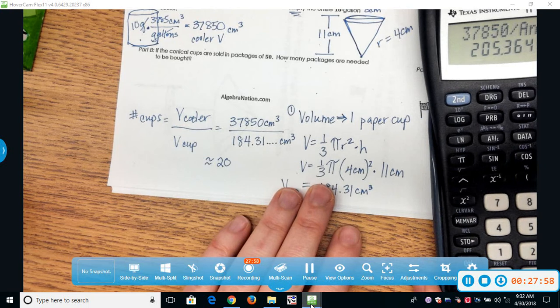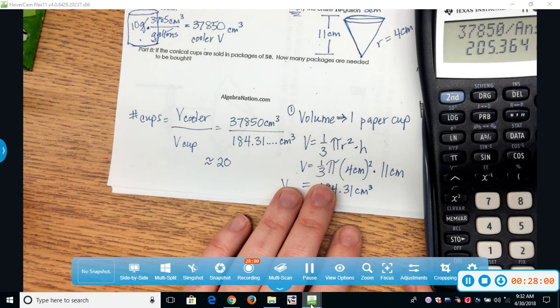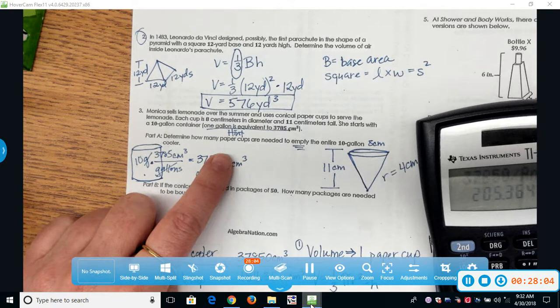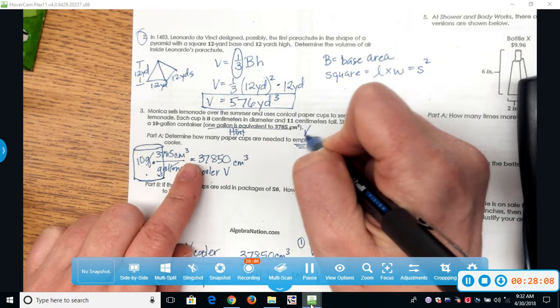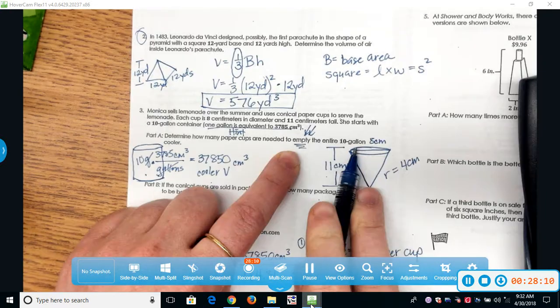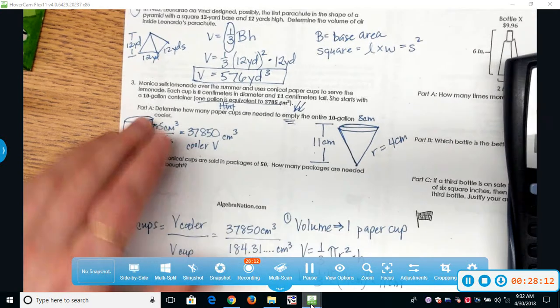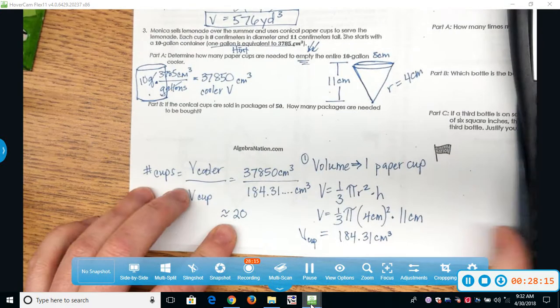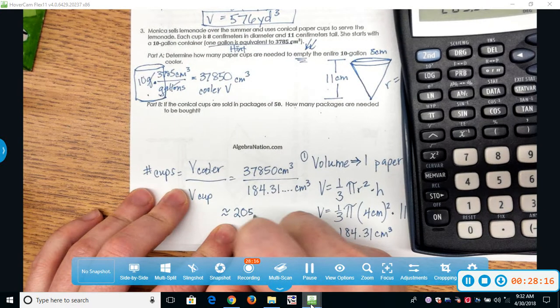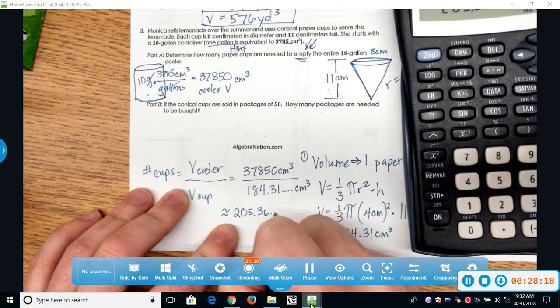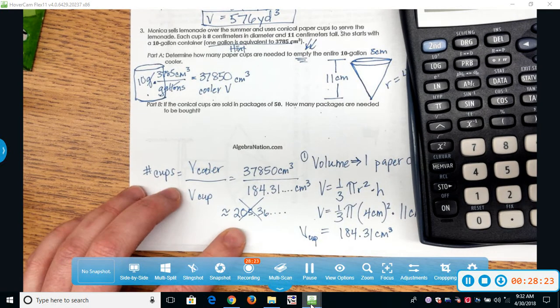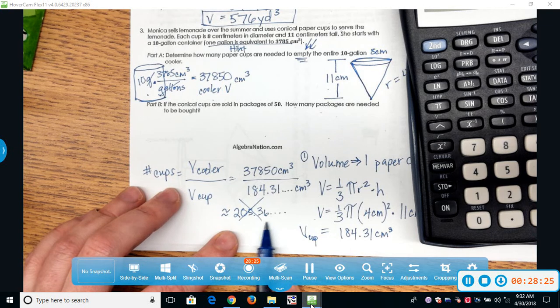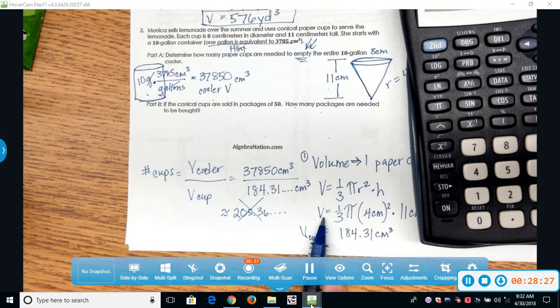205.36. All right, here's the common sense factor. What the question asked was how many paper cups are needed to empty the entire 10-gallon cooler. If you put 205.36 blah blah blah, your answer is wrong, because you can't have 0.36 blah blah blah cups. Okay?